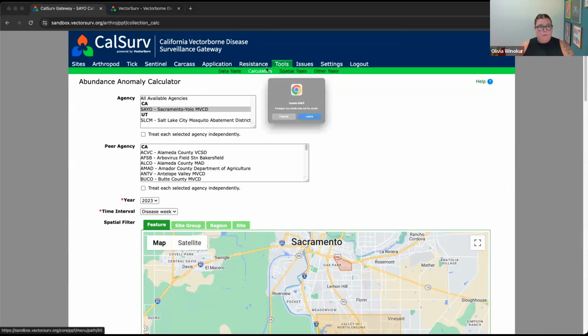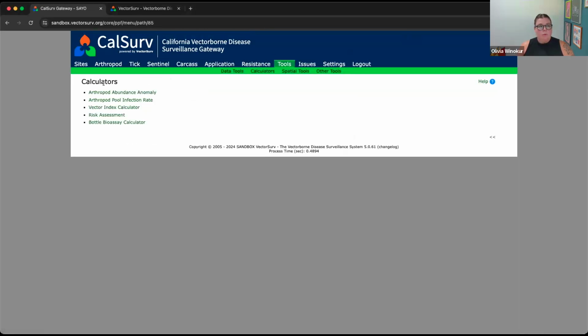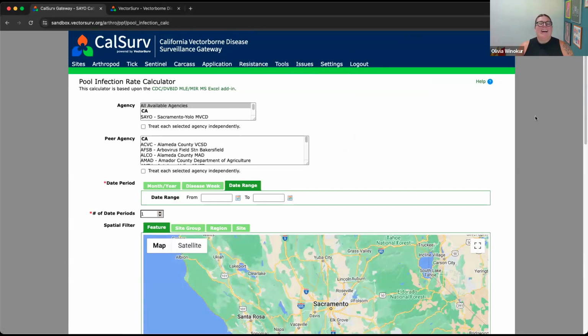So next we'll move on to the pool infection rate calculator. You'll notice a lot of these look pretty similar. The pool infection rate calculator estimates the arbovirus infection rate based on testing pools of mosquitoes.